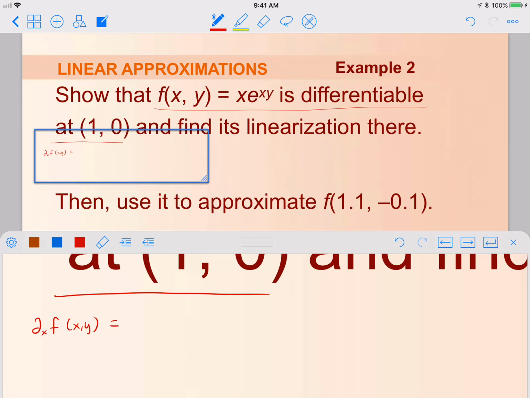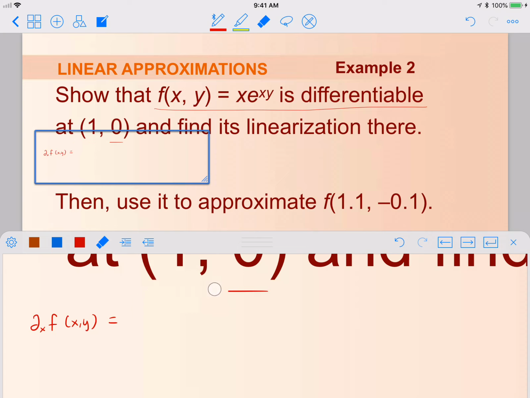Just so I don't confuse myself, f of x y is equal to x times e to the x y. Now if I'm taking the partial with respect to x, remember y is a constant, so I'm going to need to use the product rule.